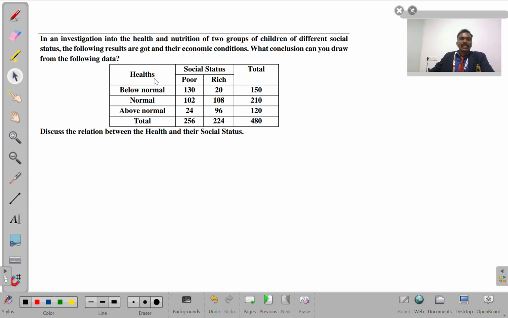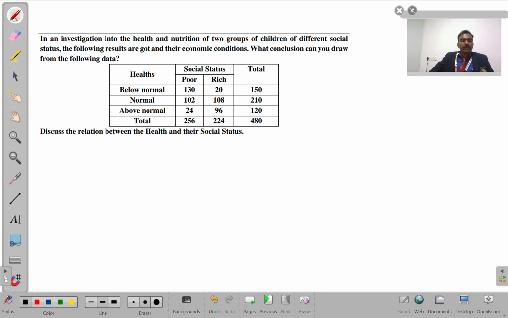Here health and social status are given. Health has three types: below normal, normal or average, and above normal. In social status we have two types, poor and rich. In the sum itself they have given the row totals as well as the column totals. The grand total is 480.